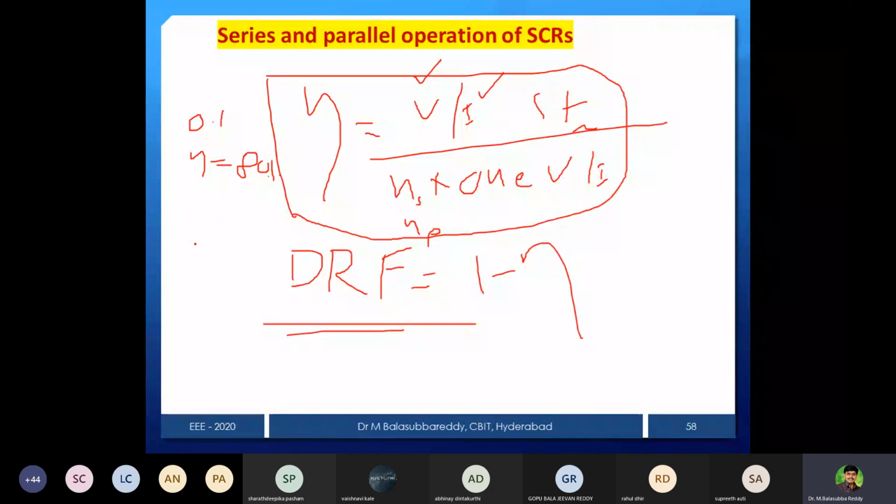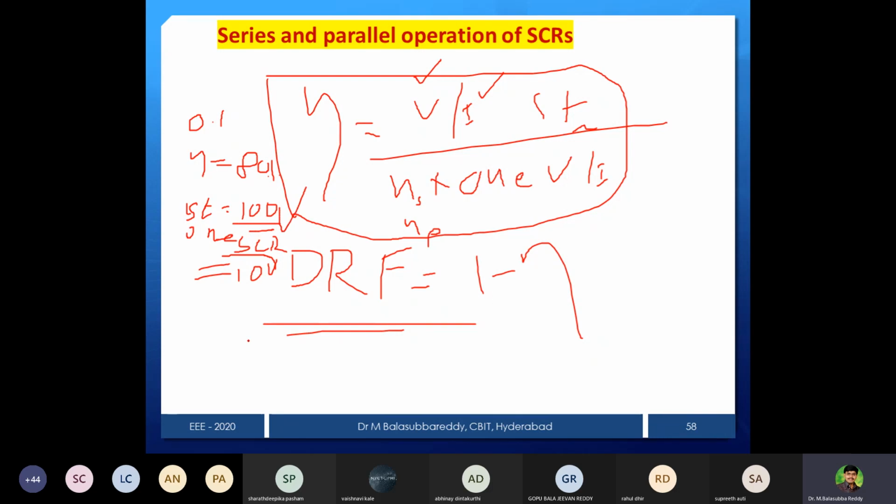Then how many SCRs need to be connected in series if the whole string voltage is 100 volts, let us assume, and one SCR rating is 10 volts, or kV, whatever we want to use, just for example. If the voltage demand is given for the string, that's why you use series operation.